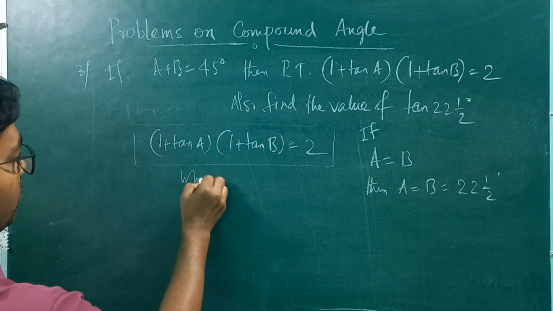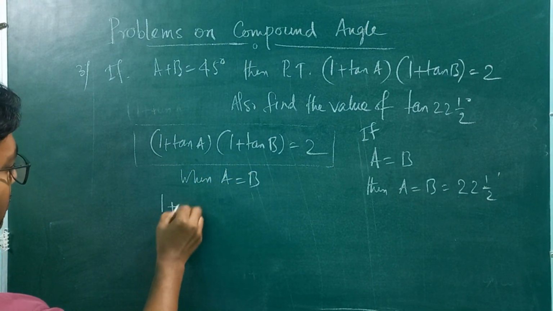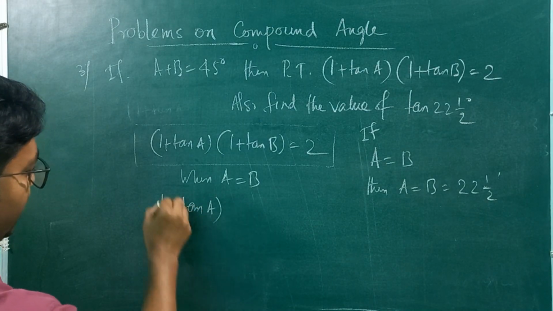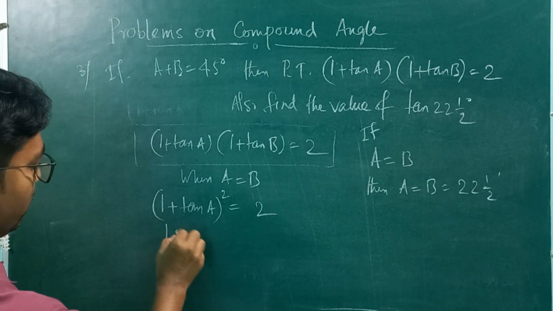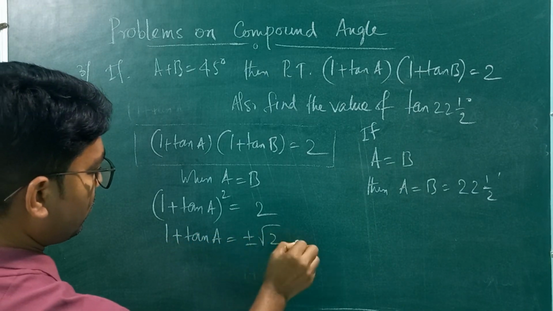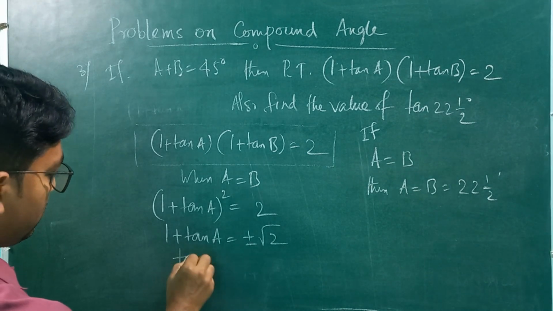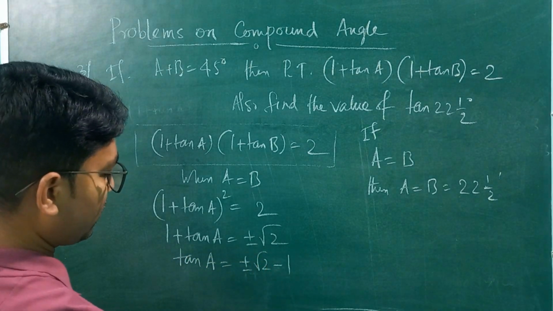That is, when a equal to b, this relation becomes 1 plus tan a whole square equal to 2. Then what you will get? 1 plus tan a equal to plus minus root 2. That is, tan a equal to plus minus root 2 minus 1.